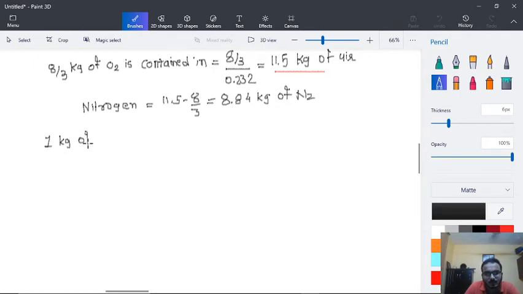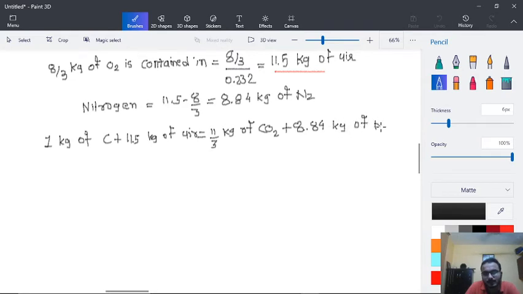So now the equation becomes like this: 1 kg of carbon plus 11.5 kg of air is equal to 11 by 3 kg of CO2 plus 8.84 kg of N2.